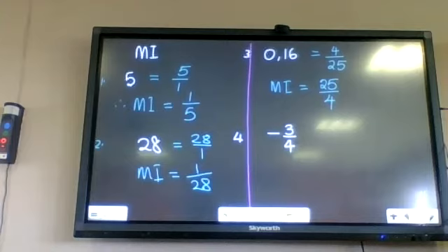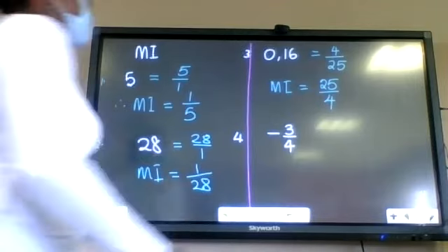Yes, I wrote 4 things. Step 1 is write the number as a fraction. Step 2, invert. The third statement says what invert means, and the fourth statement says the sign must be the same.